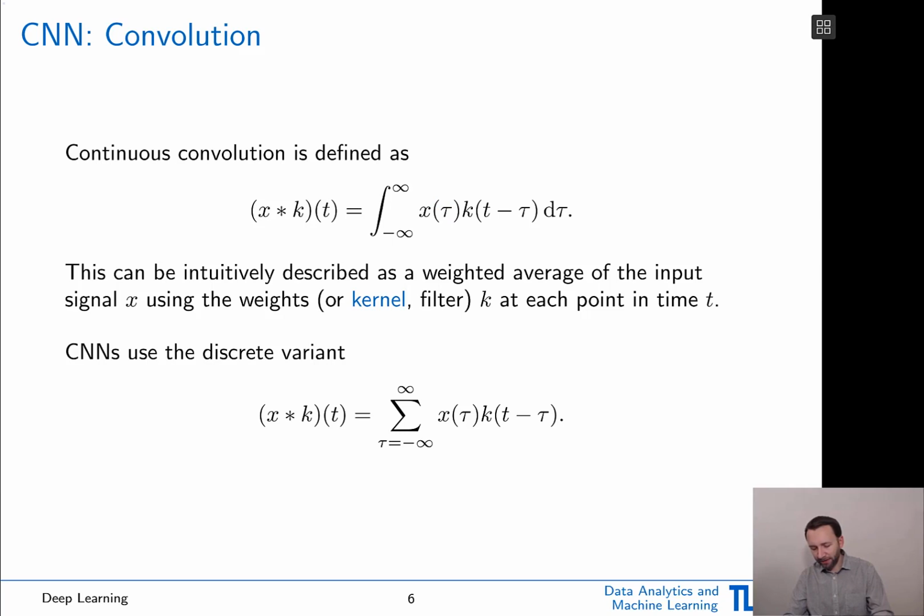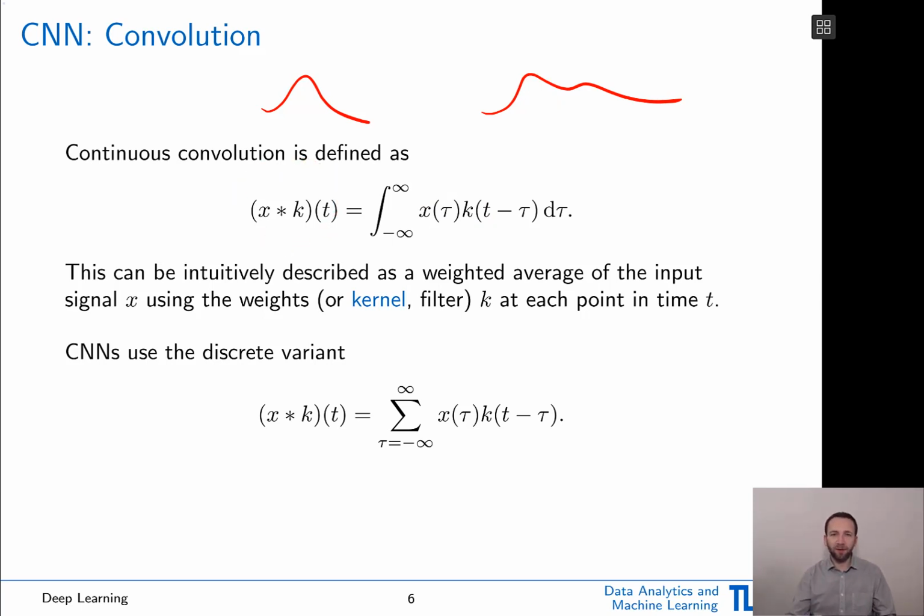If you think about a continuous signal, this is x, and this is the kernel, the filter. We are sliding this kernel over the signal. Technically speaking, we are sliding the signal over the kernel, the other way around, but you can imagine that this signal is slid and then weighted accordingly by this product. So this is the convolution in a continuous sense.